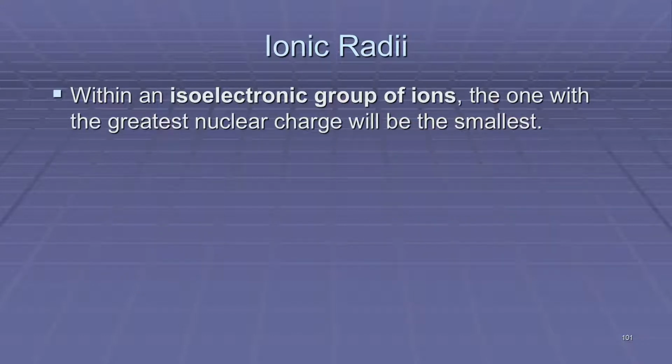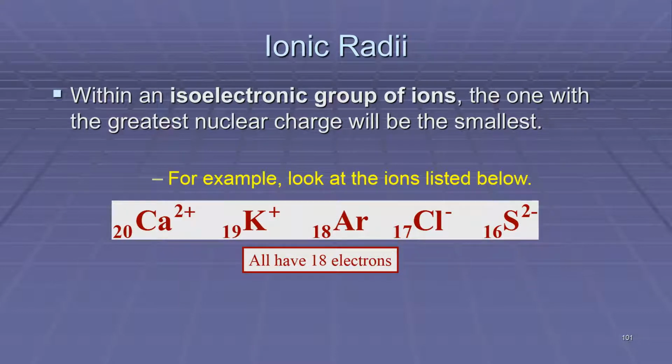Now, within an isoelectronic group of ions, how can you decide which one has the largest ionic radii? Well, what you need to do is look at the number of protons. The one with the greatest number of protons will be the smallest. For example, calcium, the atom, has 20 protons and 20 electrons.